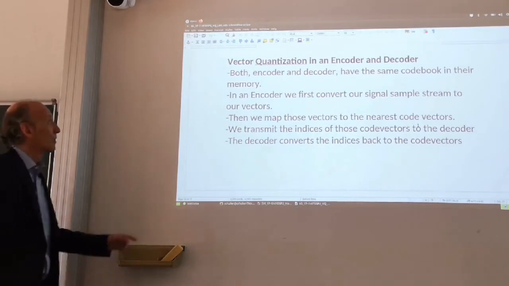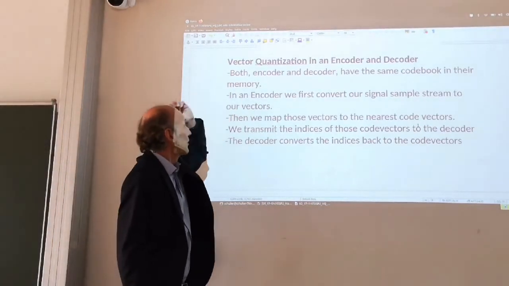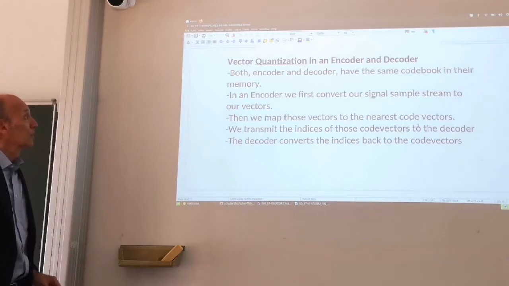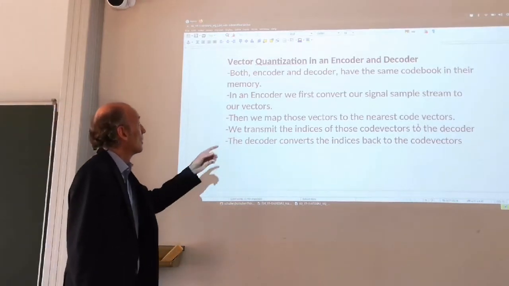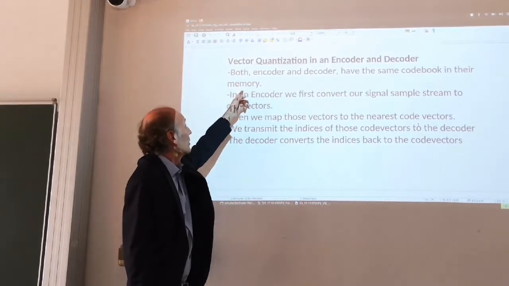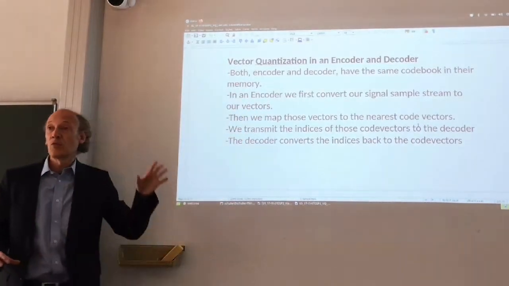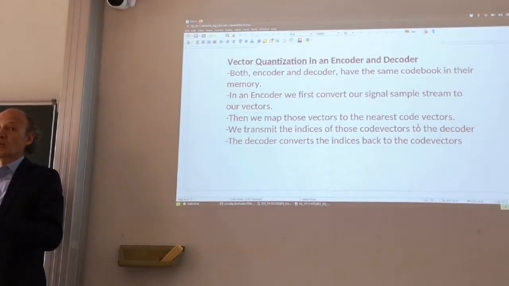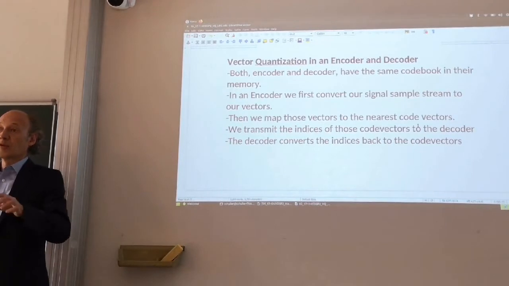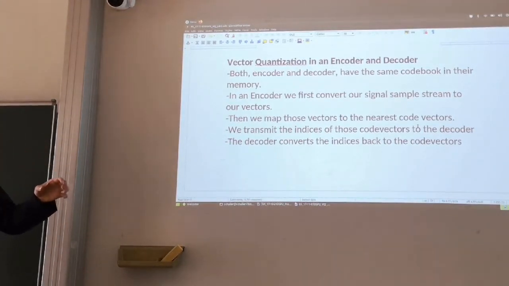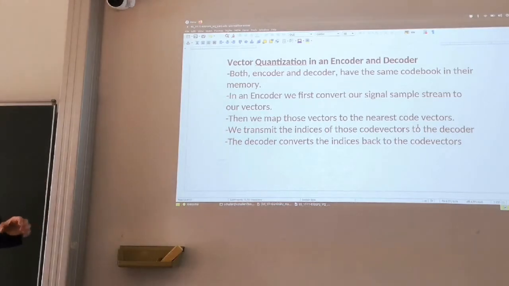In an encoder and decoder setting, we would use vector quantization, where both encoder and decoder have the same codebook in their memory. So basically, you train on the training set, and if you design your system, both get the resulting codebook. You obtain the codebook from the training set, and this codebook then goes into memory. It's fixed.